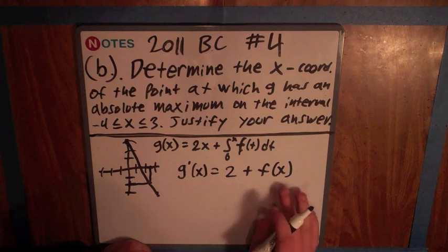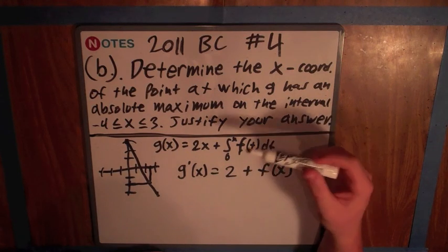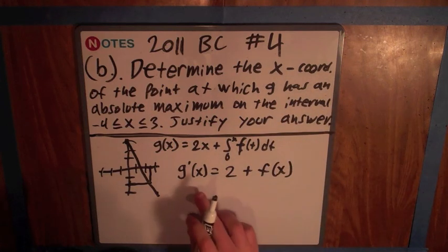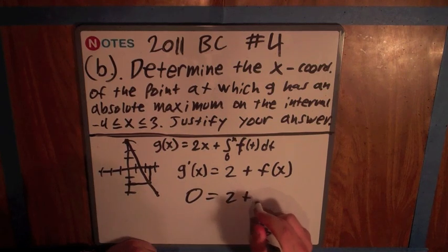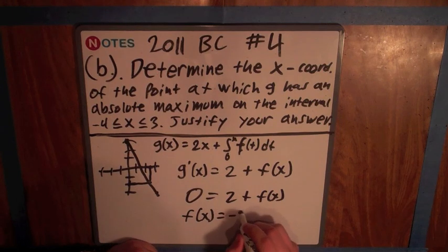We solved for this in the first part. Then we need to solve for 0, which will give us a potential point. So plug in 0 here: 0 equals 2 plus f of x, which leaves us with f of x equals -2.